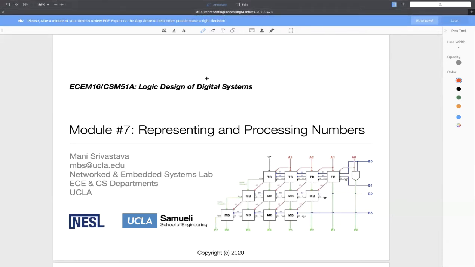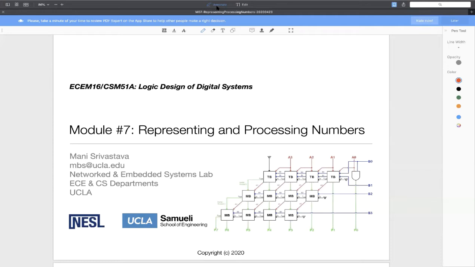Okay, good evening, everyone. So today we are going to start on a new module, and that has to do with arithmetic in digital logic. In some ways, we have seen at least a little bit of arithmetic, but only in the context of positive numbers.